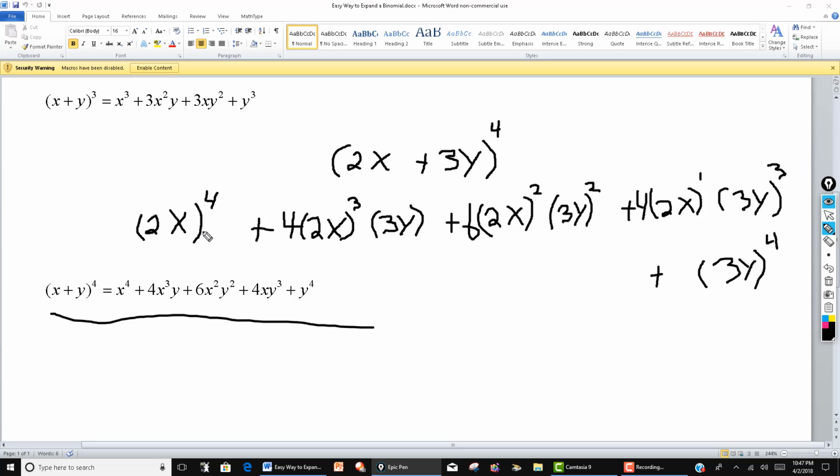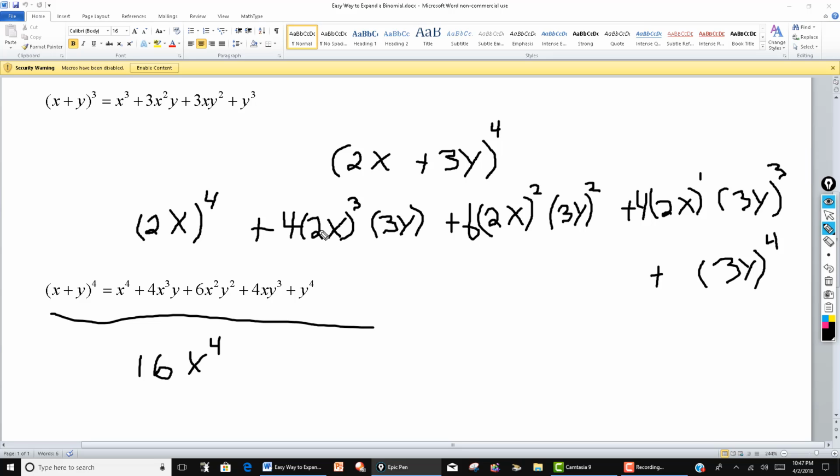Well, then you have to do the calculations here. So then here is going to be 2 to the fourth will be 16. And x to the fourth is x to the fourth. Okay, so that gives us the first term. Okay, so here we have to do a little bit more work because instead of just x and y, we had 2x and 3y as the terms. Okay, so then we have, this is 4, and then 3, 2x to the third.